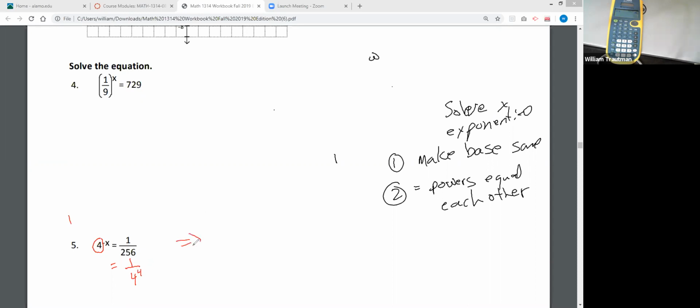So I'm going to just rewrite it. This is 4 to the negative x equals 1 over 4 to the 4. 4 to the 4 is 256. That's why I have that on the bottom.